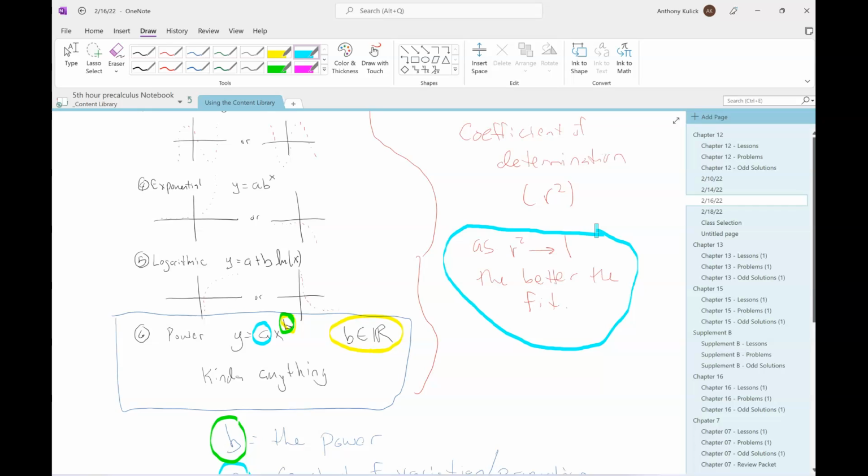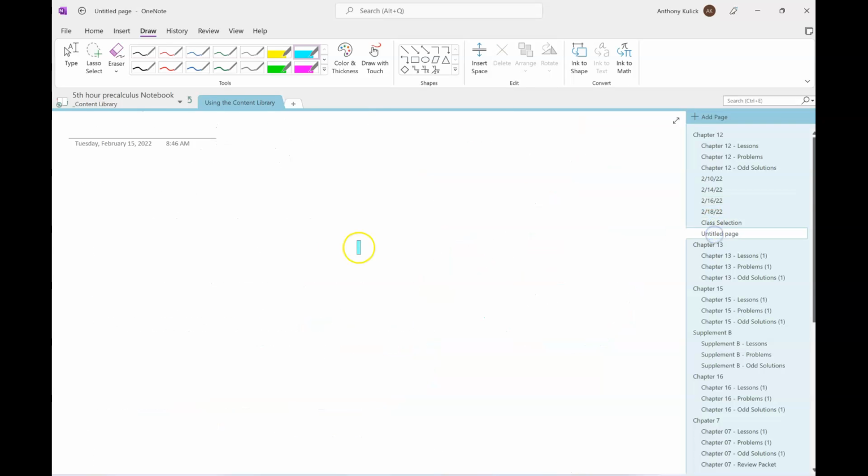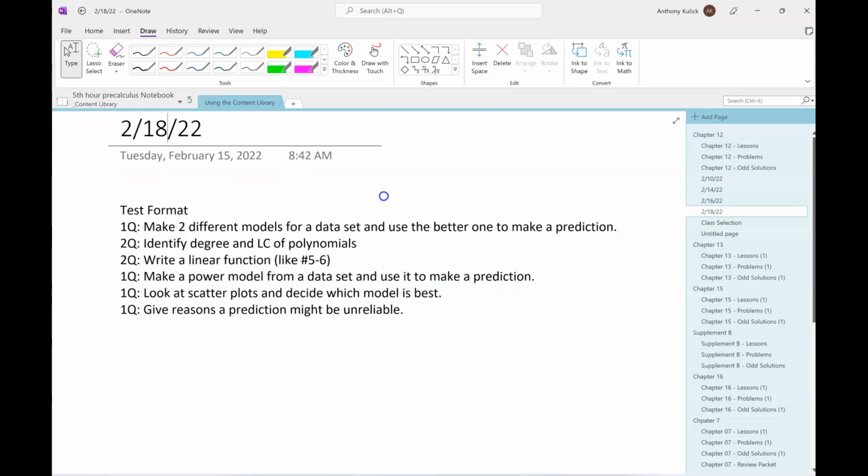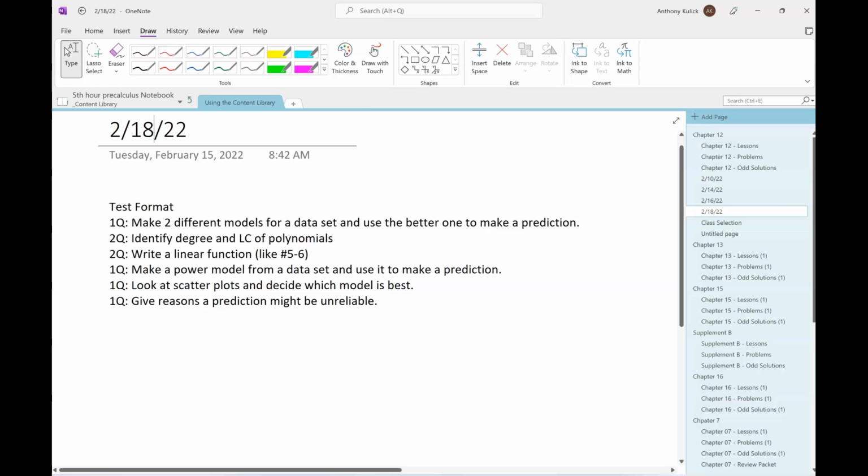Landon? Are we going to get a half sheet of paper for this next quiz or test? Yeah, we'll talk about that probably on that day in class. I haven't really decided because I didn't even make a review for this. I did write out the test format, and I suppose there's no reason that you can't have a half sheet of paper.